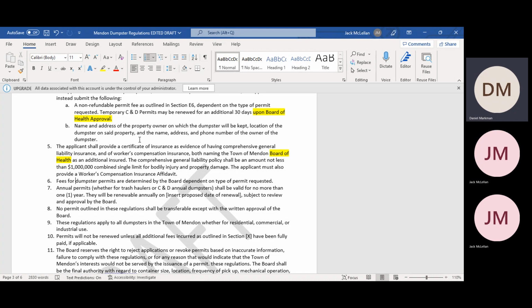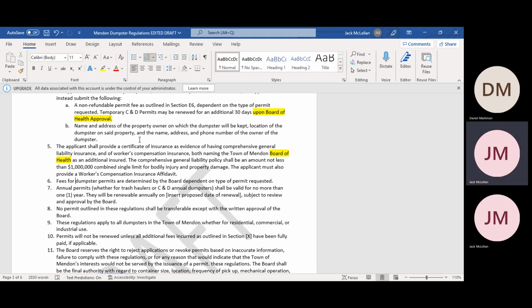You could just add a stipulation to clarify that any kind of C&D dumpster can only be maintained on a property for a set amount of time.